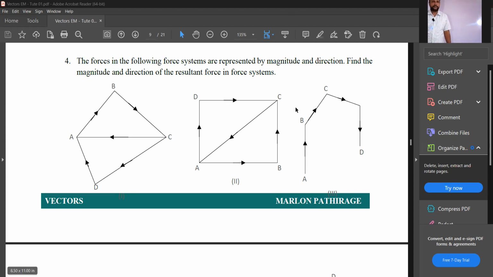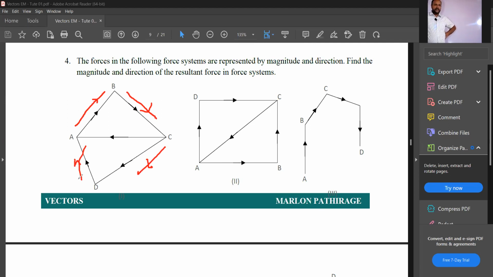Look at this path. If you go in this path, the entire outer loop is a closed loop, no?